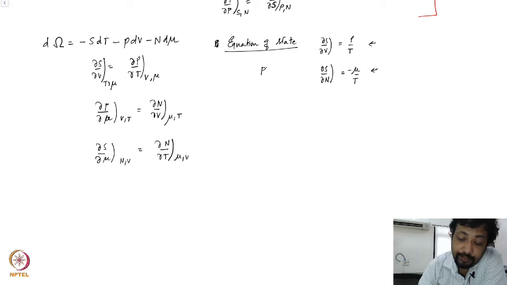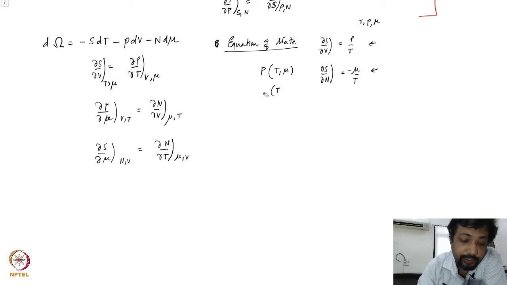So here of course P is a function, so you have three generalized forces, T, P and μ. Not all of them are independent, so you can write down P as a function of T comma μ, so this is one of the relations.